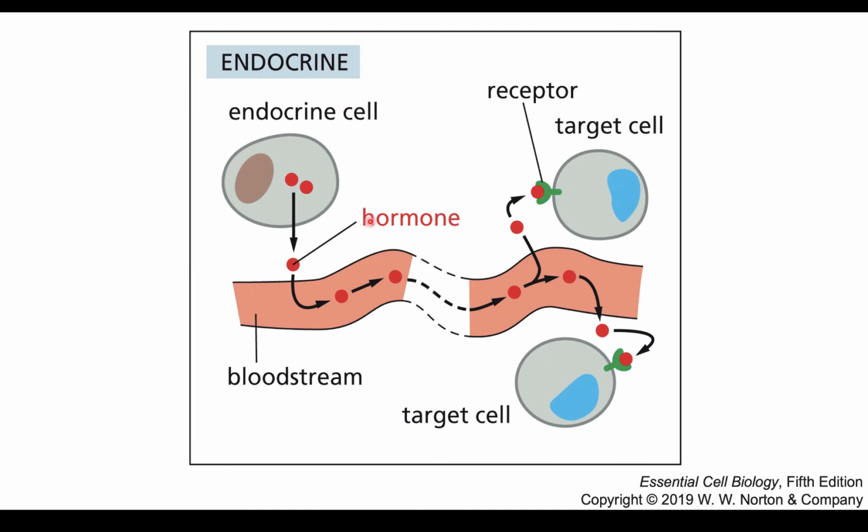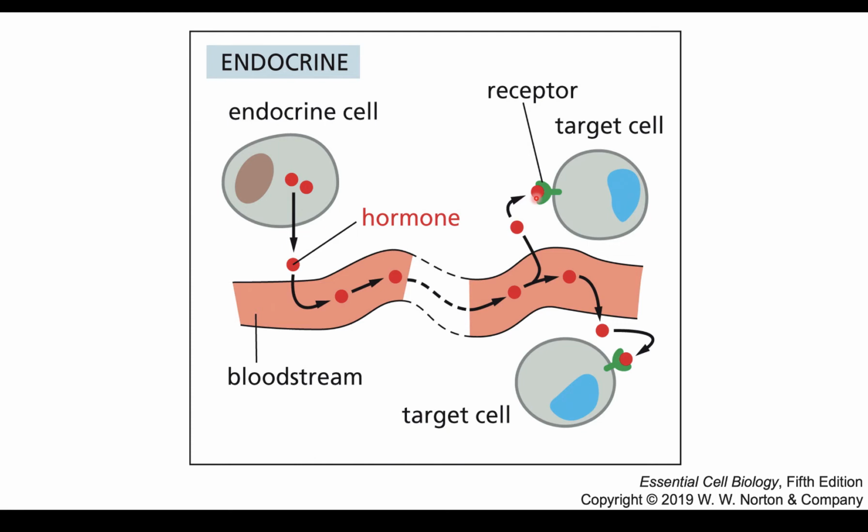And the message, or hormone in this case, can travel through the blood to various target cells. Only cells with the appropriate receptor, so a receptor that binds to the particular hormone in this case, will respond to the signal.